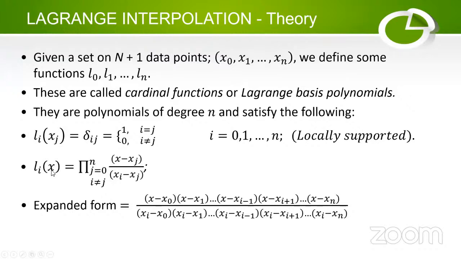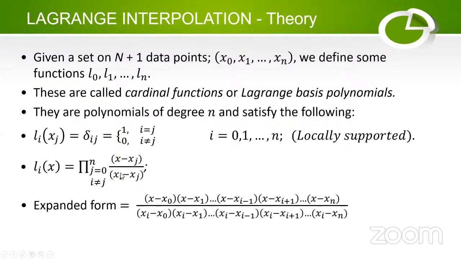We are given that Li evaluated at x is equal to this sign, which is called a product of this function here, starting from 0 all the way to n. Also note that i cannot equal j.